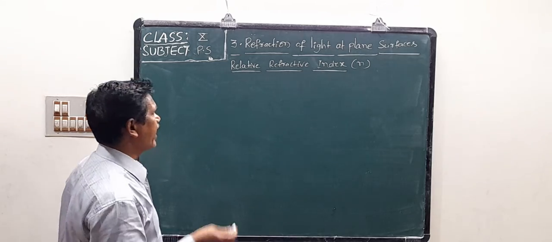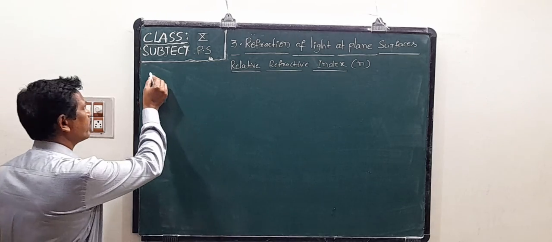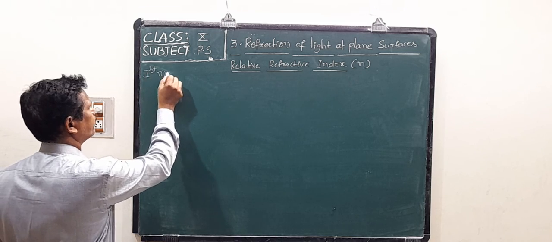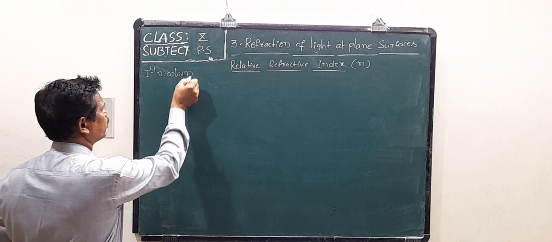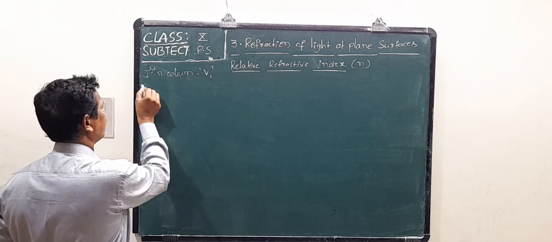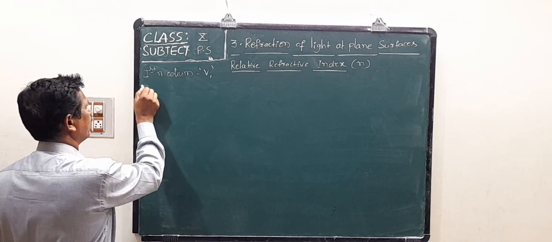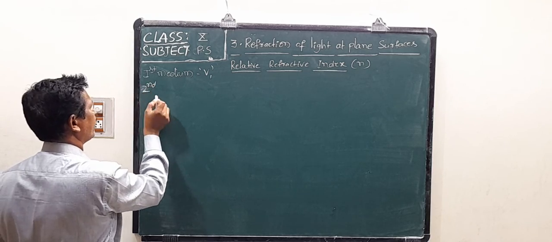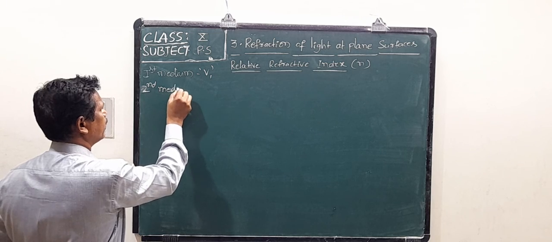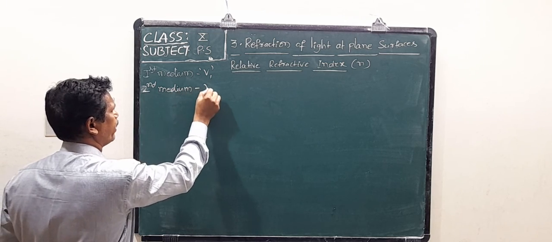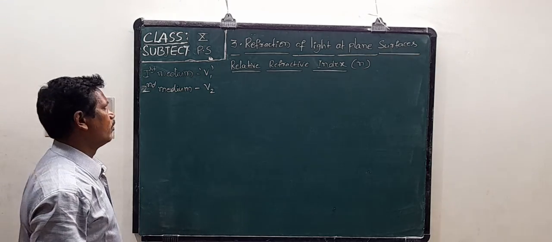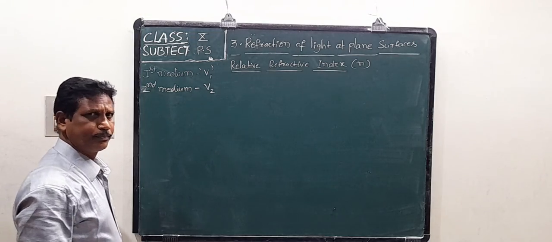Okay, the speed of light in the first medium, let it be v1. The speed of light in the second medium, let it be v2.